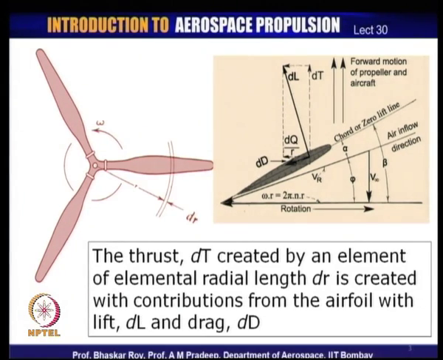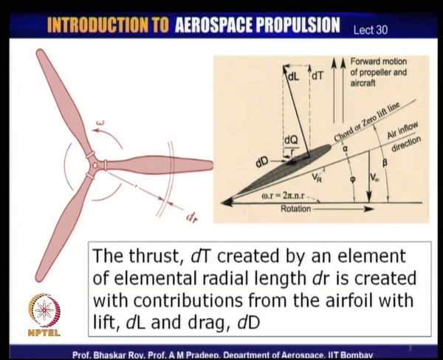So, this is the elemental lift that is created born out of C_L. Correspondingly, this section would experience a small drag dD, which is born out of its drag characteristic C_D, and these are then the characteristic values of this particular blade element.